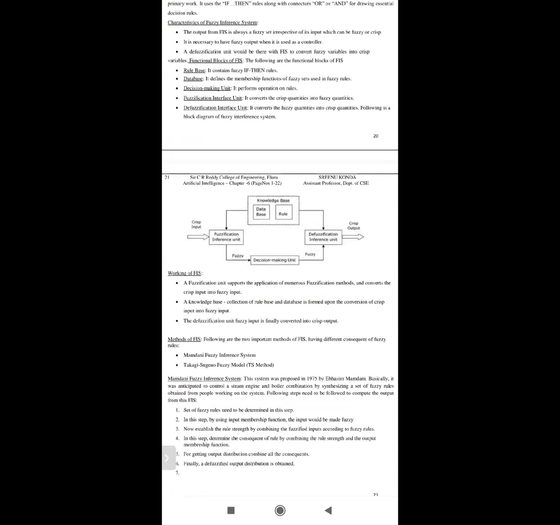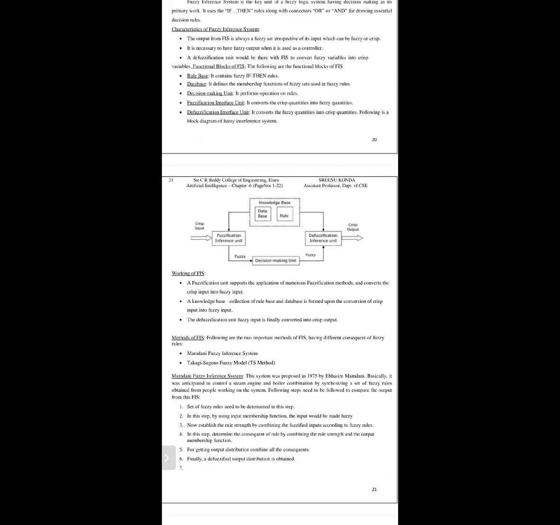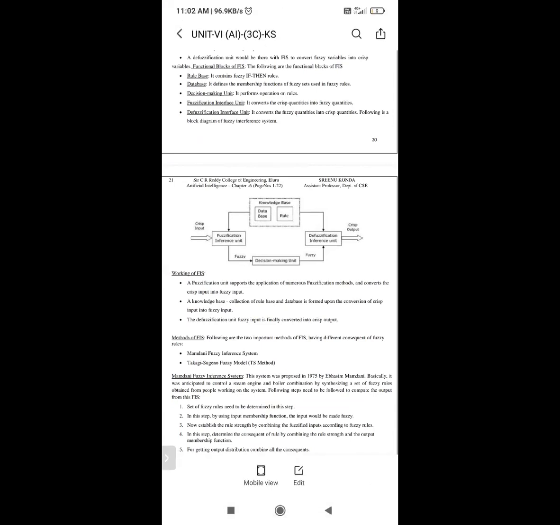Now let us see the working of the fuzzy inference system. Coming to the working of the fuzzy inference system, a fuzzification unit supports the application of numerous fuzzification methods and converts the crisp input into fuzzy input.